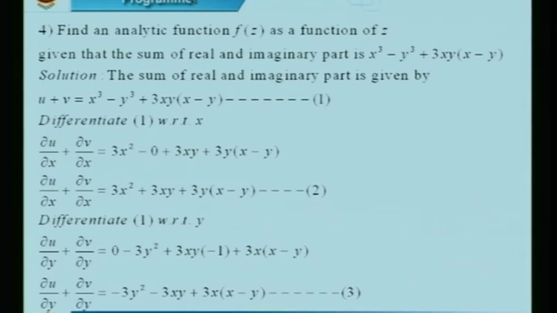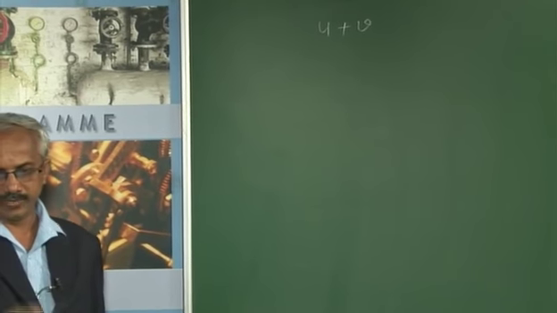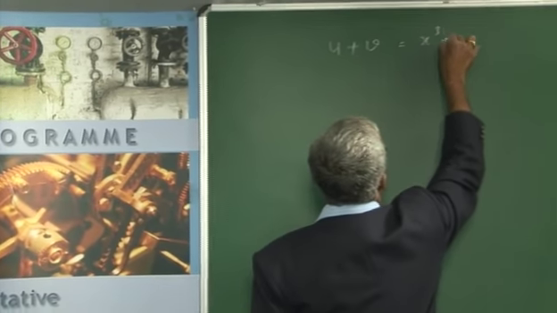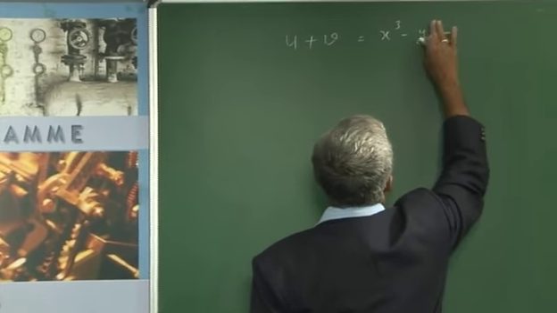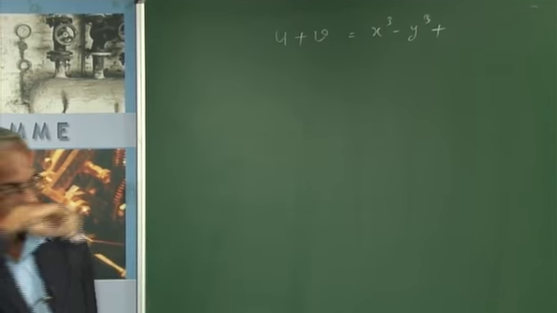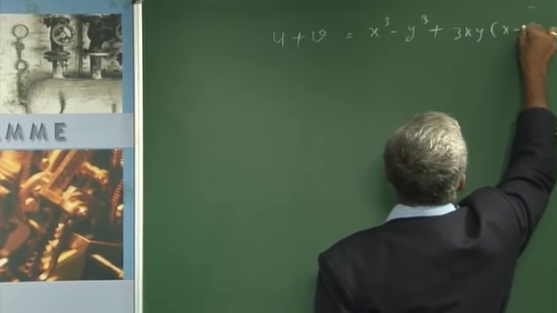So here the sum of the real and imaginary parts of the analytic function is given, that is u plus v. So u plus v is equal to x cube minus y cube plus 3xy into (x minus y).